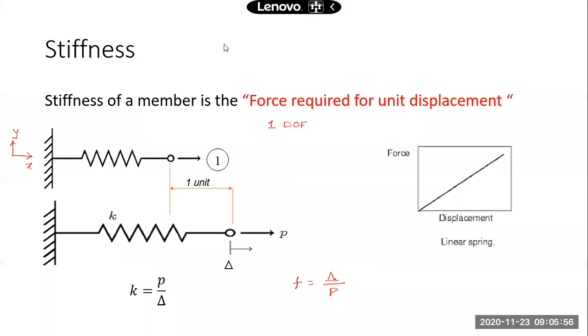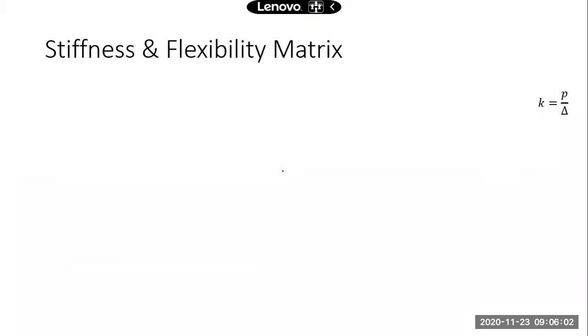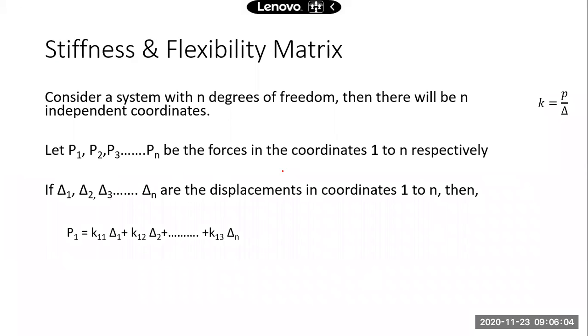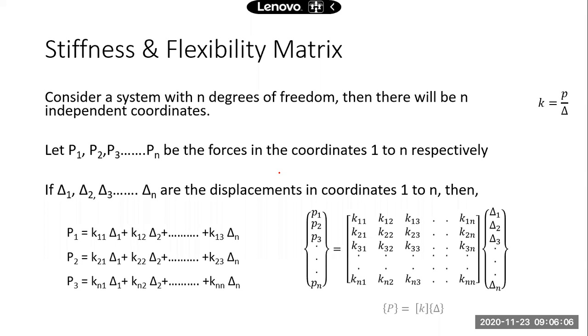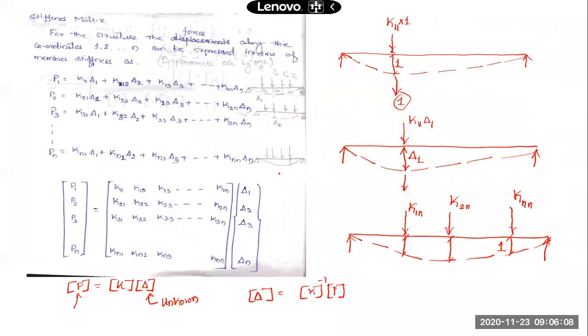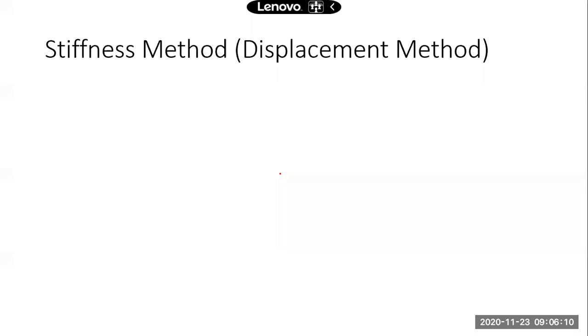What I mean is that in flexibility, the redundant forces will be taken as unknowns, whereas in stiffness, the unknowns will be the displacements that you will be determining. That's why we call this a displacement based method, and the flexibility method a force based method. So you'll be determining these unknowns first.